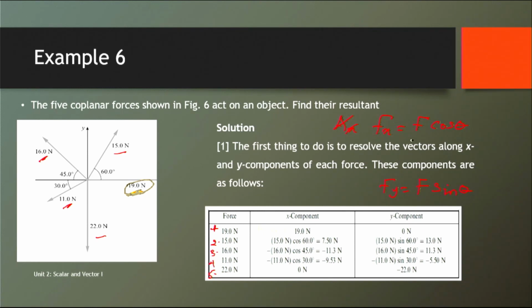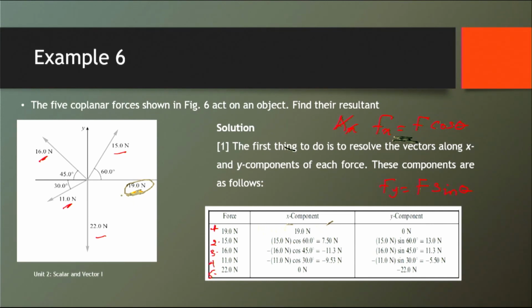Here I have applied this formula. Cos 0, with the angle here to the x-axis being 0, is 1. Therefore, 19 times 1 is 19. Let's look at the same force along our y-axis.